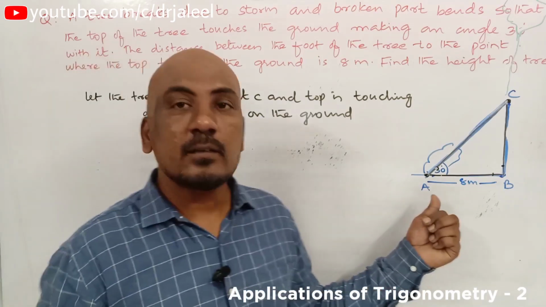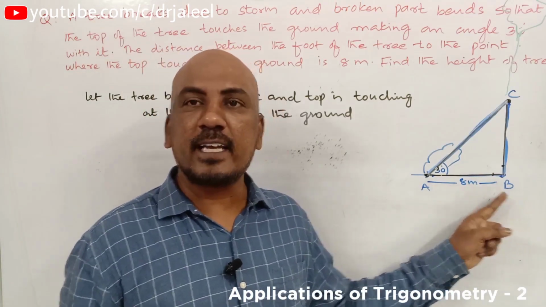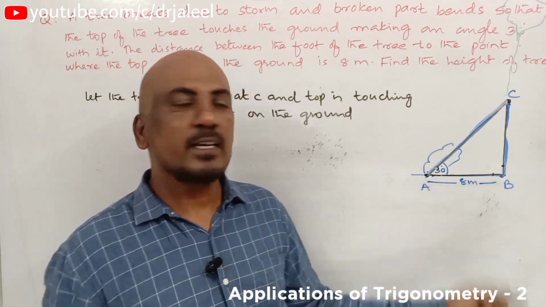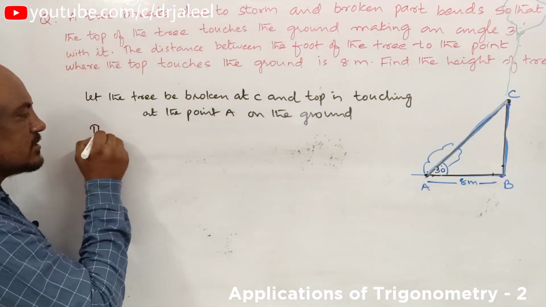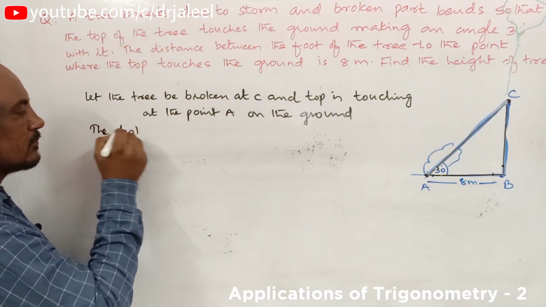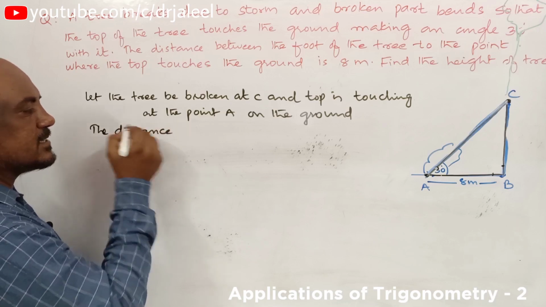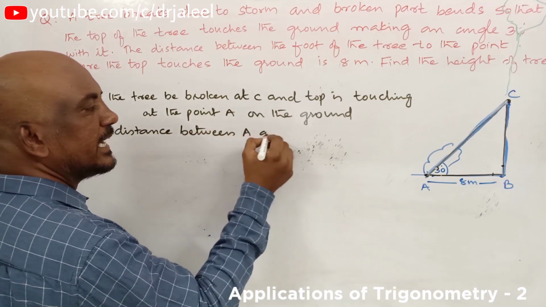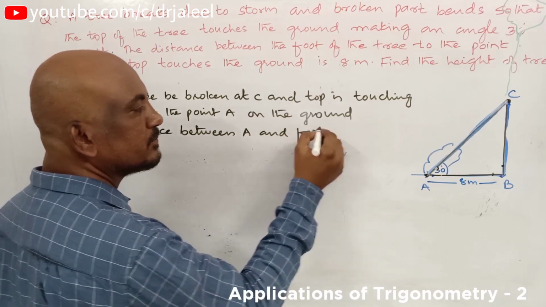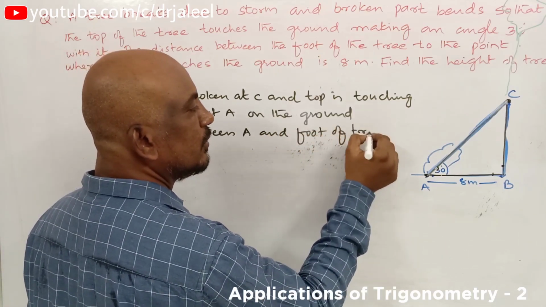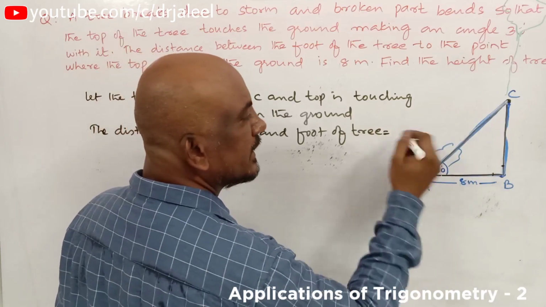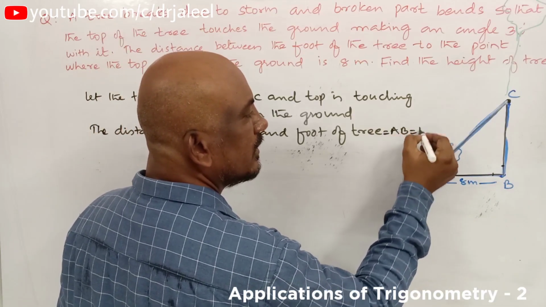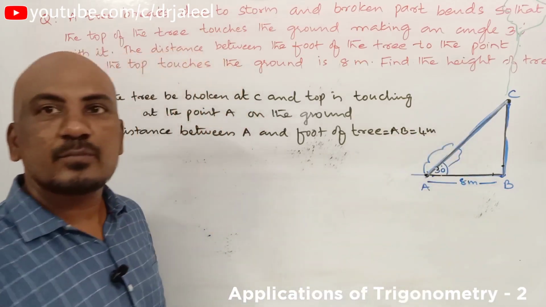Then the second point: the distance between the foot of the tree and the point A is how much? 8 meters. So the distance between A and foot of tree is how much, beta, here? AB is equal to 8 meters.